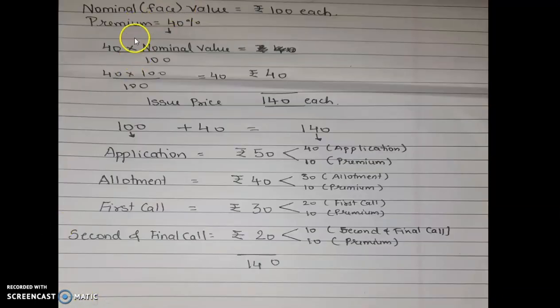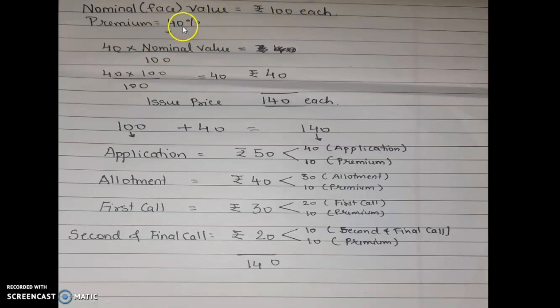So just see here, nominal value of that share. What is the face value of one share? You are selling that one share for rupees 100. Premium is 40%. So to convert it into rupees, 40% means 40 by 100 into nominal value. On nominal value, you have to calculate that 40%.